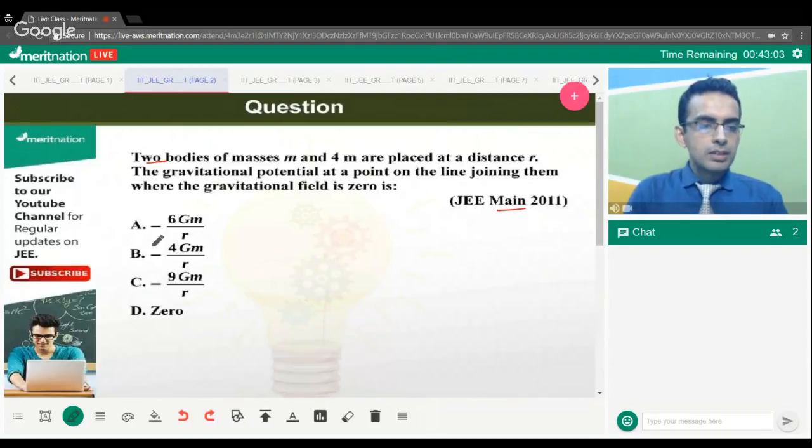We have to find the gravitational potential at a point on the line joining them where the gravitational field is 0.